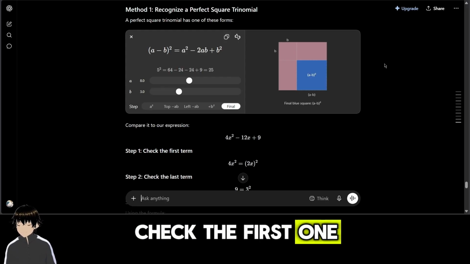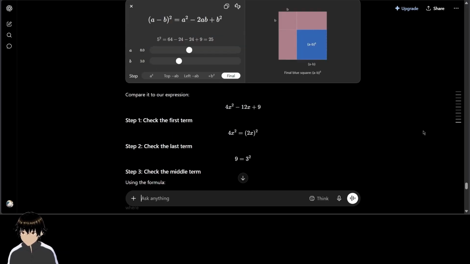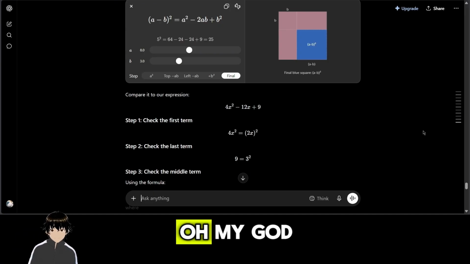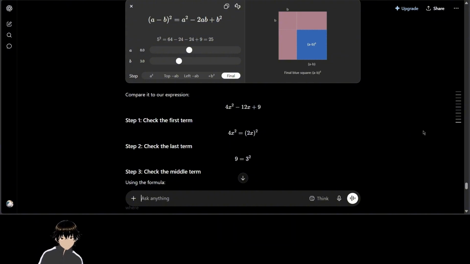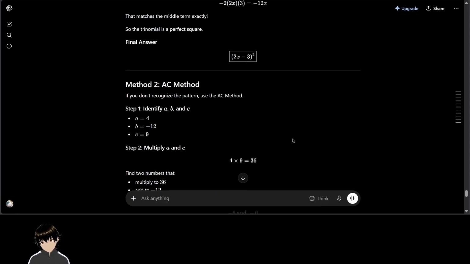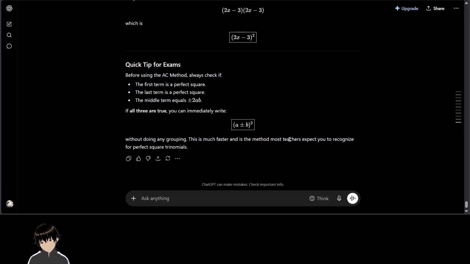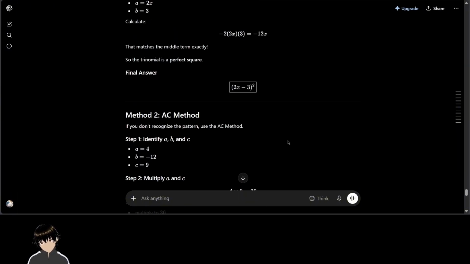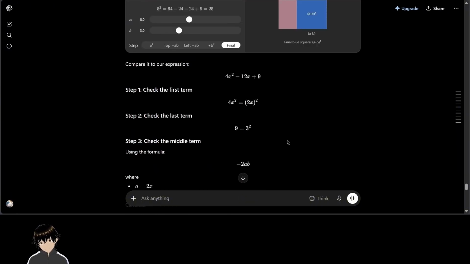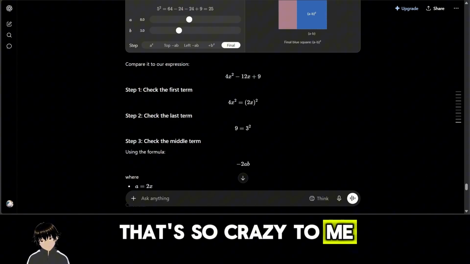Check the first row. Oh my god. That's so crazy to me.